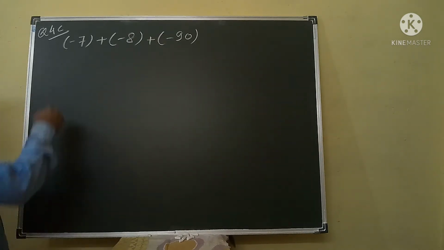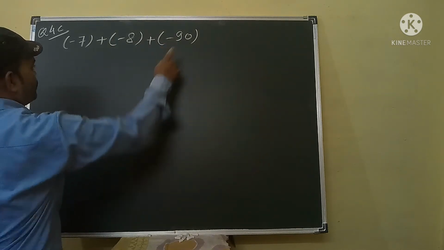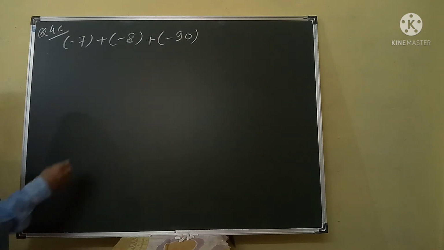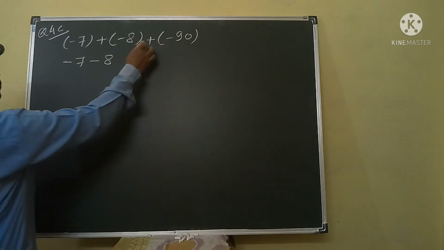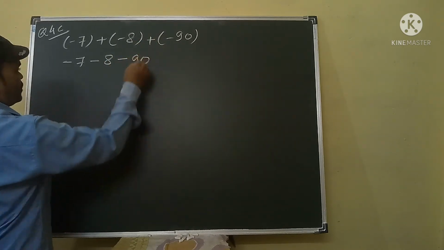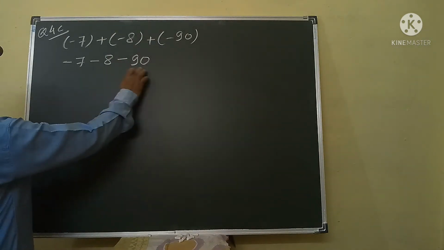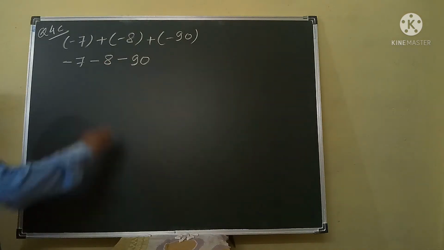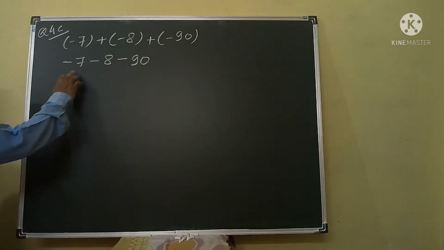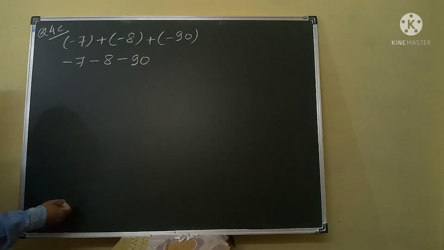Your next question is minus 7 plus minus 8 plus in bracket minus 90. How will we do it? Minus 7 plus minus, minus 8 plus minus, minus, this is 90. You know very well these three integers are negative, and negative integers are always added. There is no positive integer.